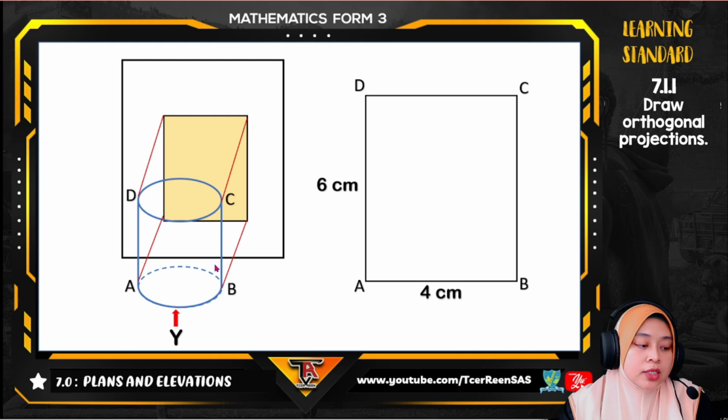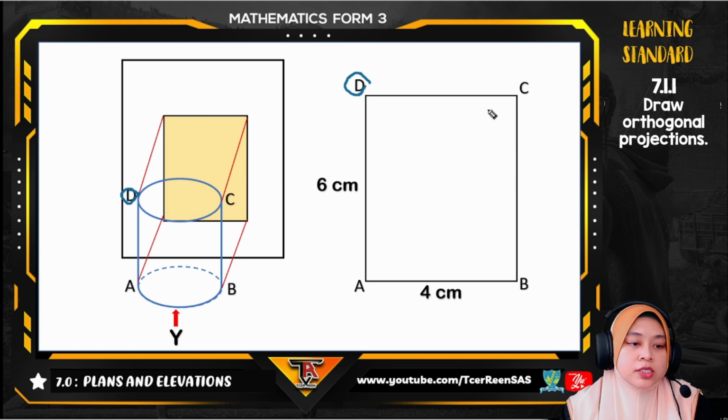Here you can see D, then D going here. Can you see it? C going here, A and B, and so on. The measurement here you can see from the question.